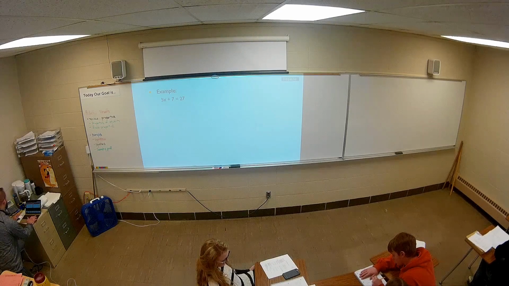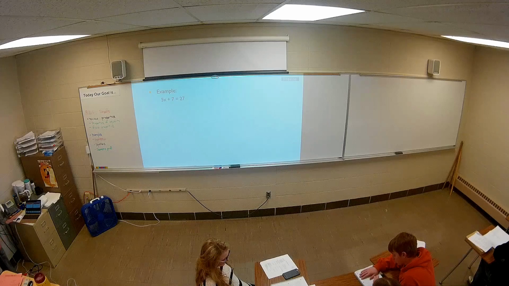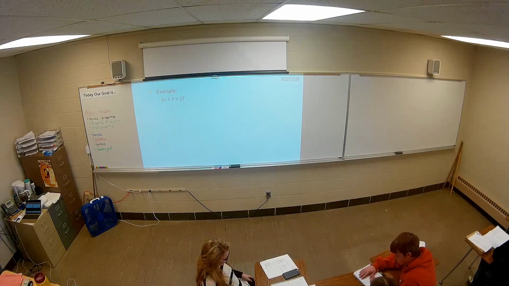Okay, so I have 5x plus 7 minus 7 equals 2. That was substitution. 5x plus 7 minus 7 equals 2.